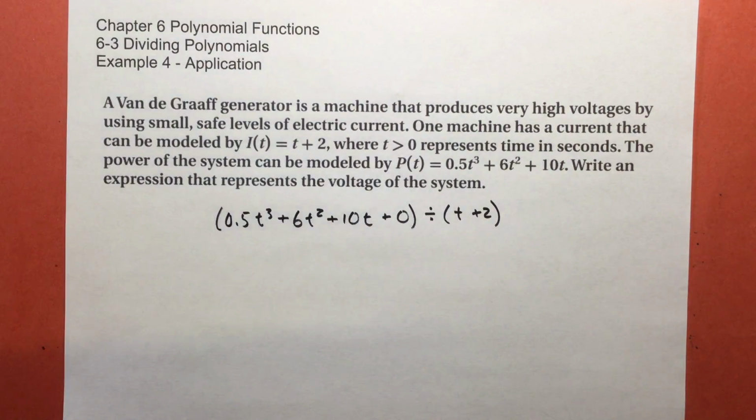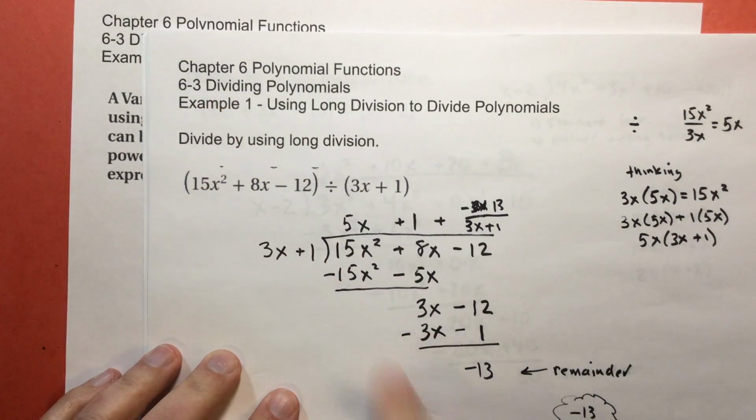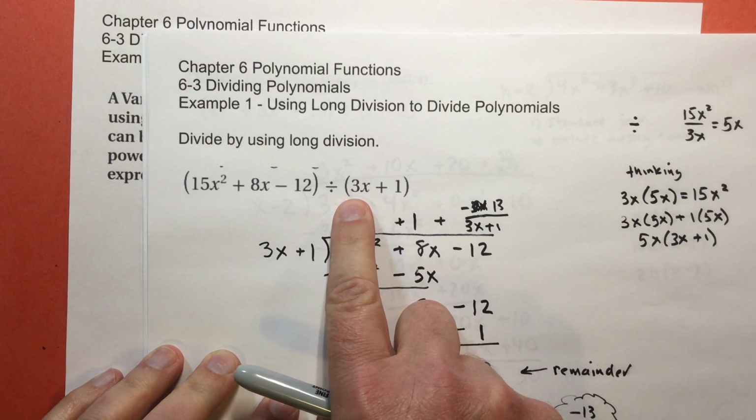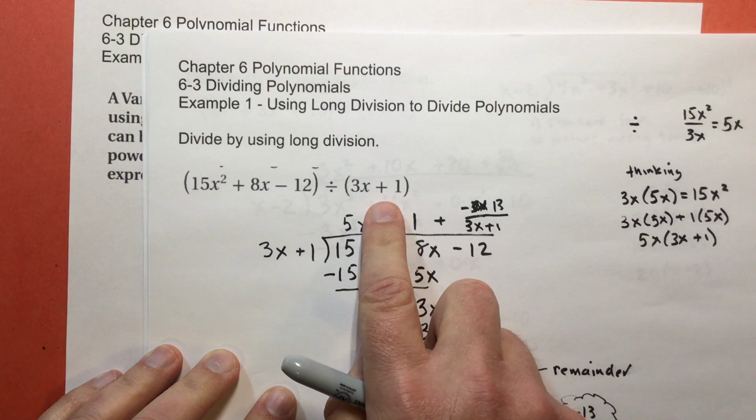And I'm going to go back to this problem right here. This is from the first example with long division. This problem right here, I can't do with synthetic division. Why? Because of the 3. Synthetic division only works when you have x subtract h.